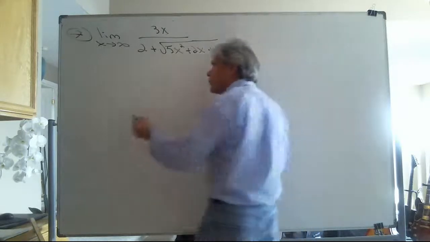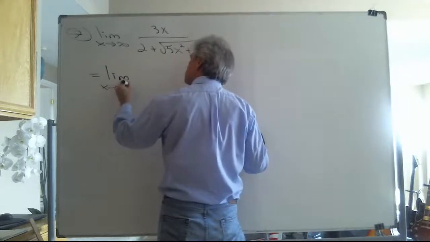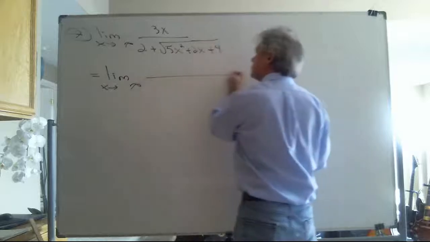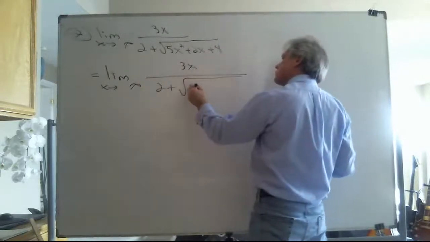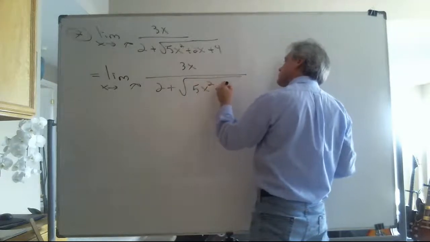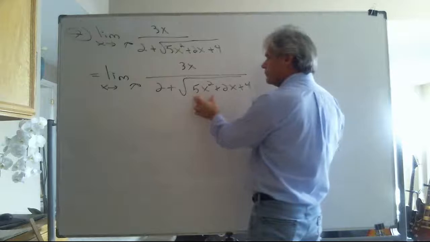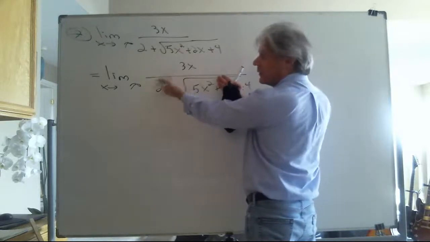So here's my approach to evaluating this limit. If I only look at this one term, it involves the square root of x squared, which is just x, if x is positive, then it is.